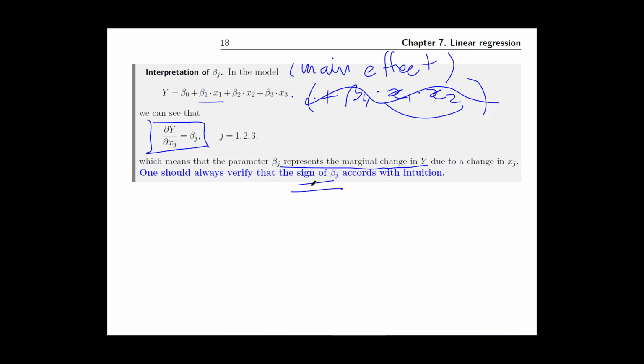So for population, the more the population is, the more the GDP should be, because this is the total economic activity. The more people you have, the more economic activity. So if the beta that results from the model is not positive, then you know something's wrong. And that's the idea of marginal change.